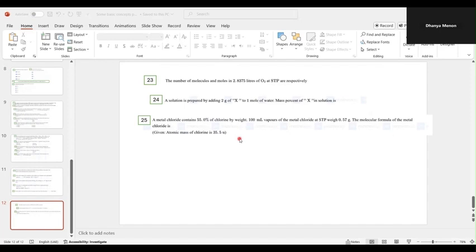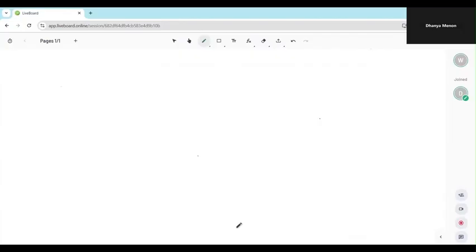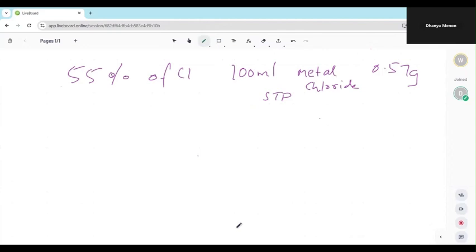This is the information given, and the molecular formula of the metal chloride you have to find out. Okay, so sharing the screen, sharing the whiteboard. This is the information that's given to you. So I just noted down the information.